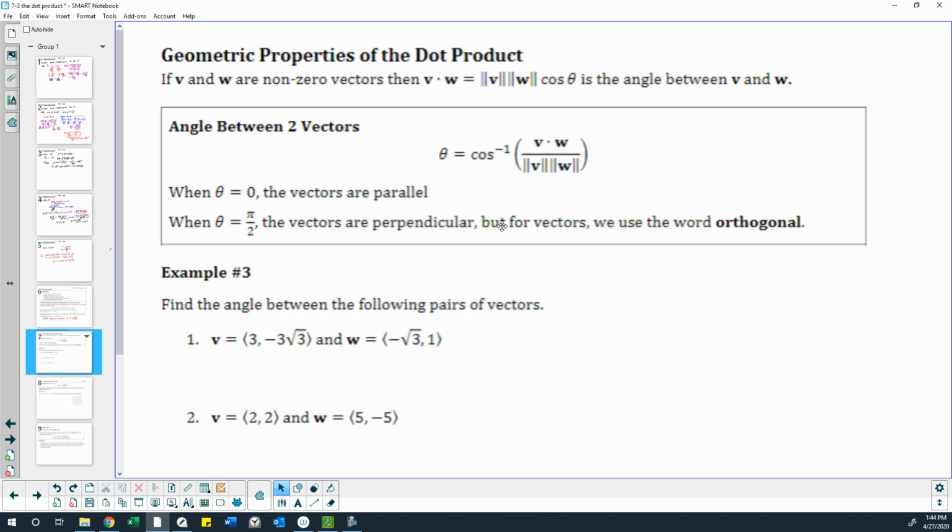So let's think about what values for cosine would give us an angle of 0. If there's an angle of 0 between the 2 vectors, then that's parallel. So what values of cosine give us an answer of 0?